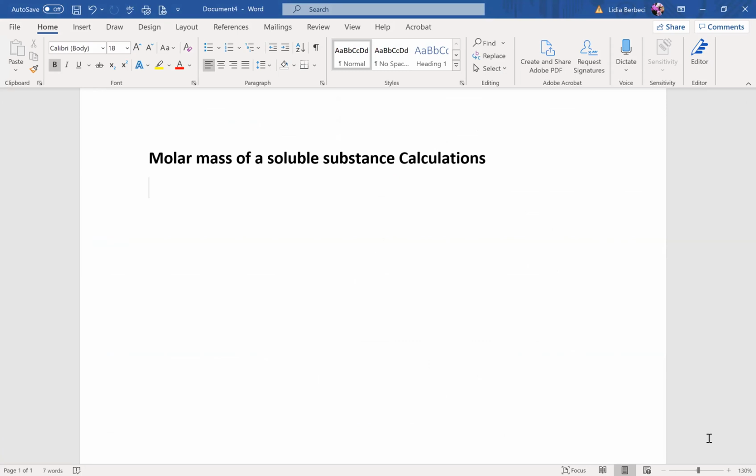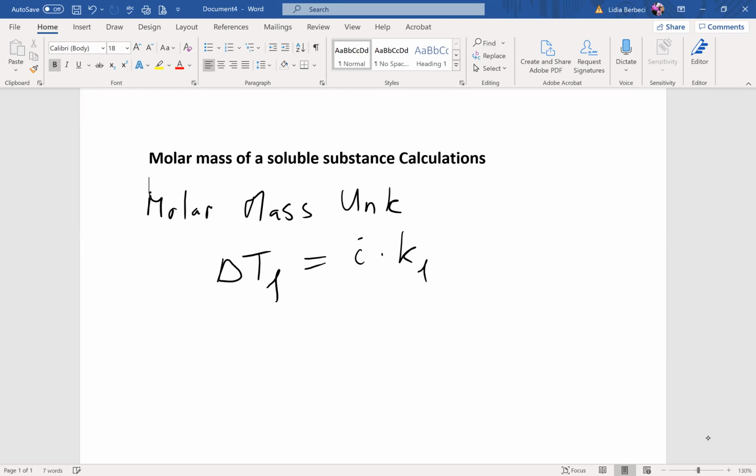You show the graphs as I showed you, and then to do the calculations for the unknown, you're going to find the molar mass of the unknown. To do that, we use delta T for the freezing point, which we determined from the graphs is 0.9 degrees Celsius.